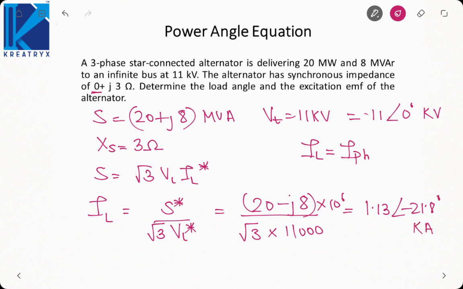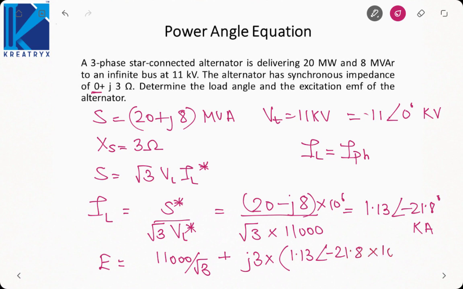Once I have the value of IL, I can calculate EMF by KVL, which means 11,000 by root 3 plus j3, that is Xs, into 1.13 angle minus 21.8 into 10 to the power 3.